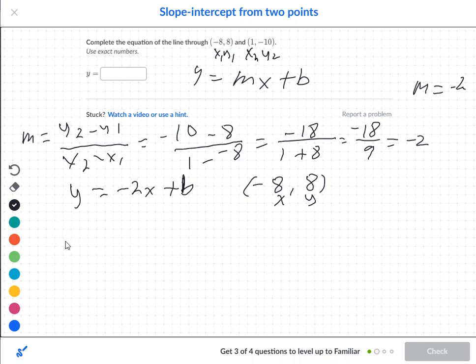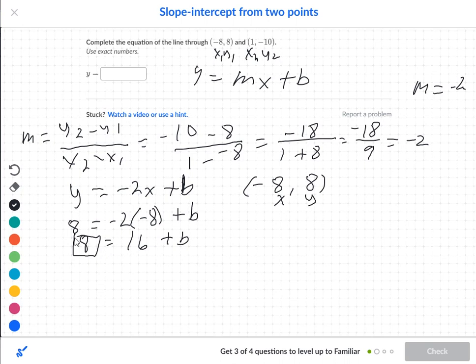So now what I'm going to do is replace this y with an 8. The negative 2 is there. Actually the y is a positive 8. The x will become a negative 8 plus b. I'm going to do my multiplication. It gives me a positive 16. Then I get a plus b.